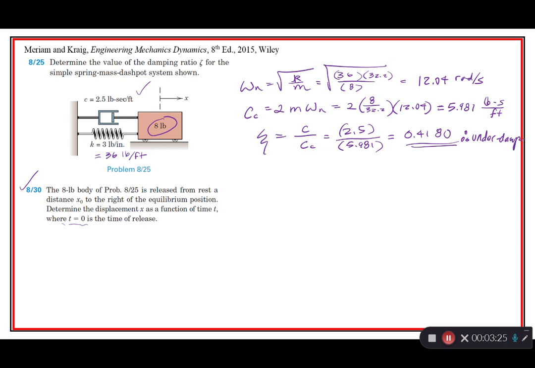Here's the basic equation with initial conditions for a spring-mass-damper system.